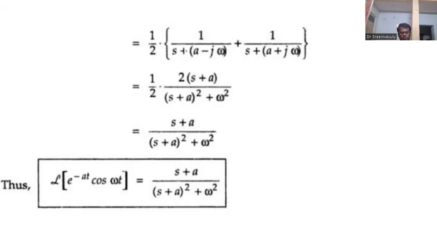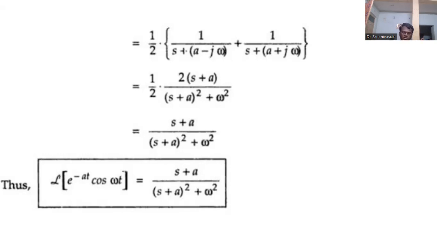Now, according to the shifting in S domain property, cos omega t you can assume as some x1 of t. According to the shifting in S domain property, e power s naught t into x of t is equal to x of s minus s naught, and e power minus at x of t is equal to x of s plus a. So here simply you replace s with s plus a.